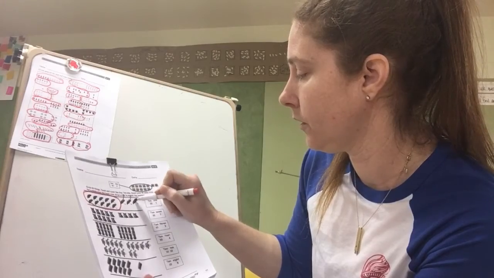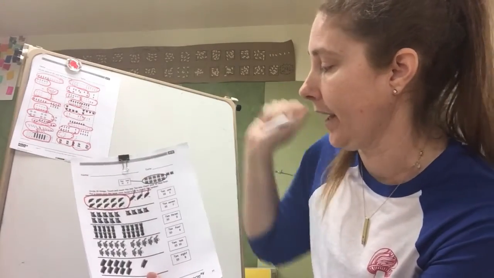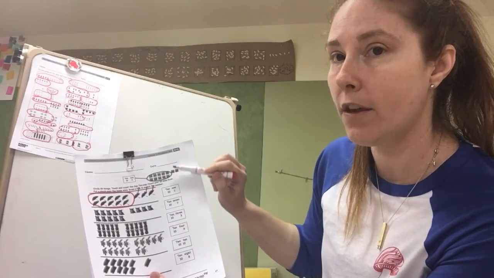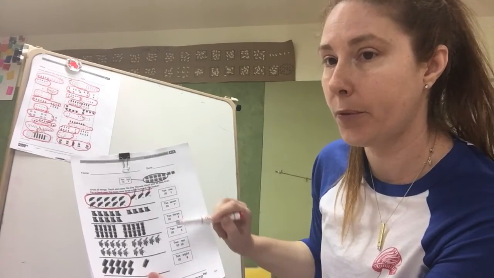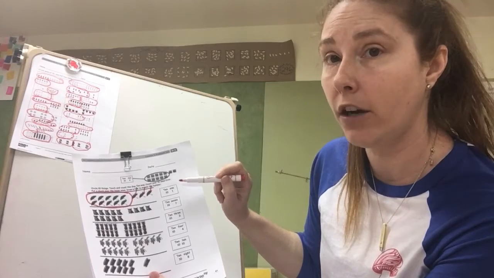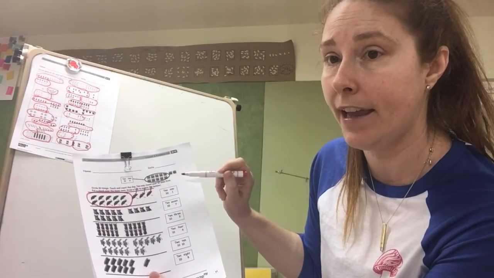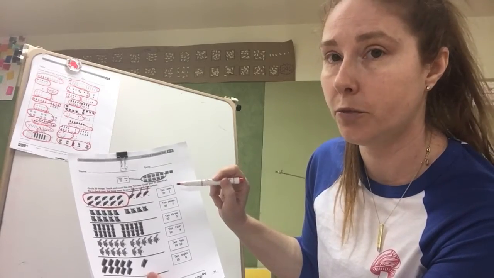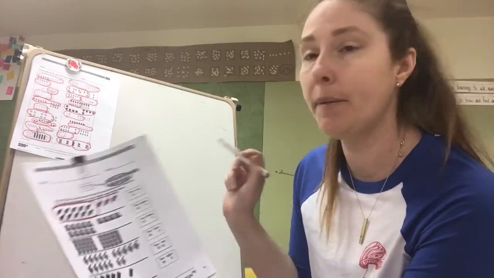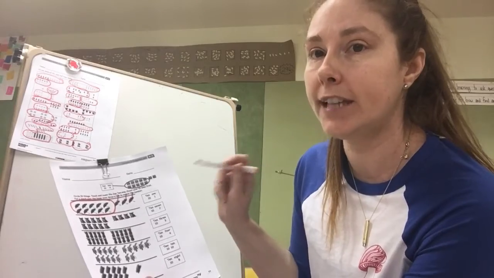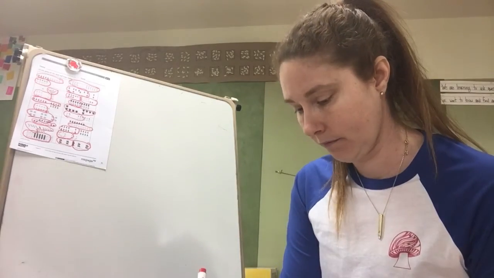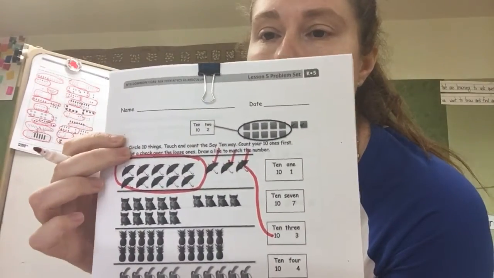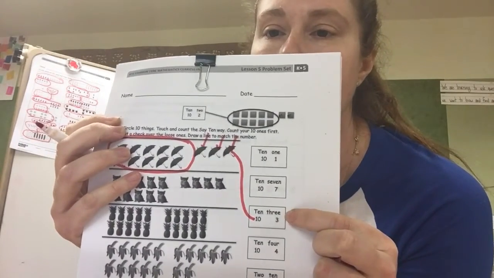1, 2, 3. 10, 3. Now you need to go over here and find the one that says 10, 3. And it's spelled out, the number 10, T-E-N, and the number 1, O-N-E. And then it's also written as numerals 10, 1. So I'm not looking for 10, 1, I'm looking for 10, 3. So I'll draw a line to connect the 10, 3 umbrellas to the word 10, 3.